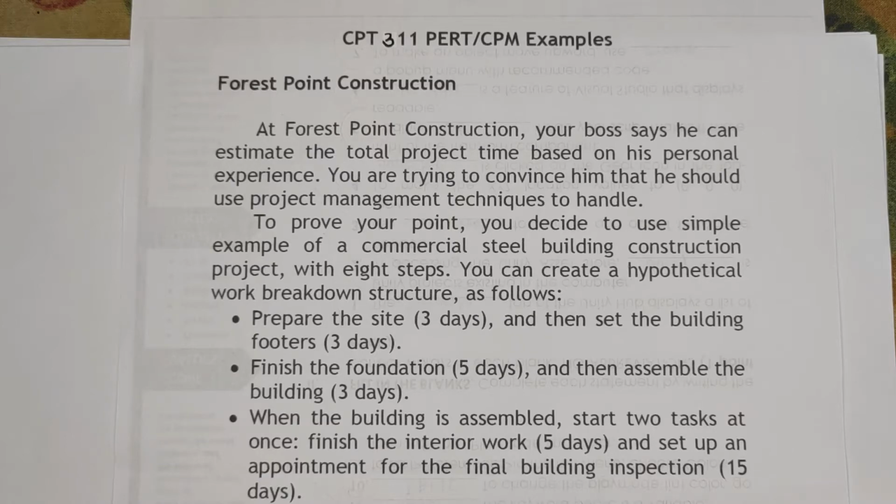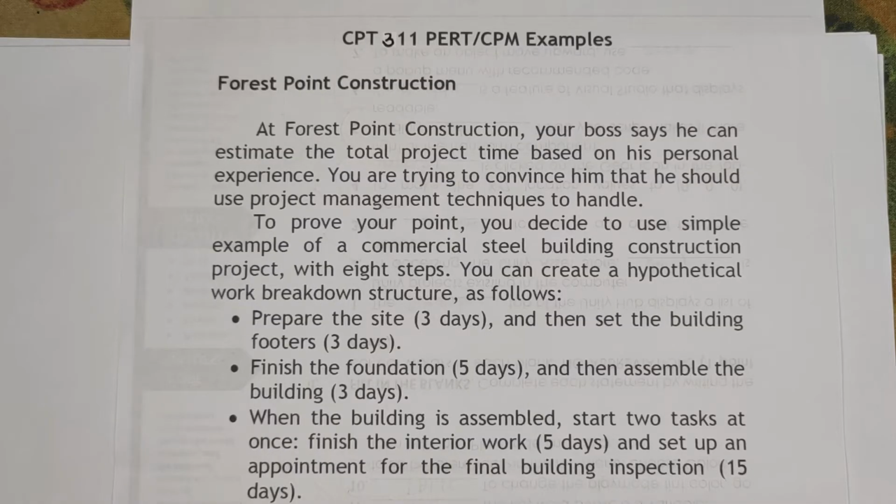Forest Point Construction. At Forest Point Construction, your boss says he can estimate the total project time based on his personal experience. You're trying to convince him that he should use project management techniques. To prove your point, you decide to use a simple example of a commercial steel building construction project with 8 steps.